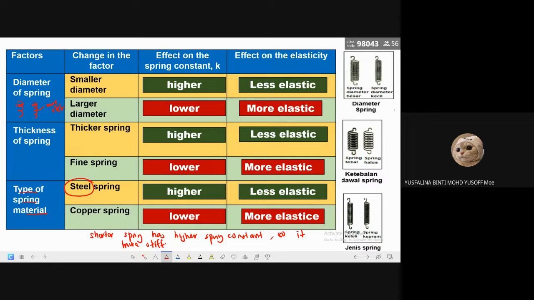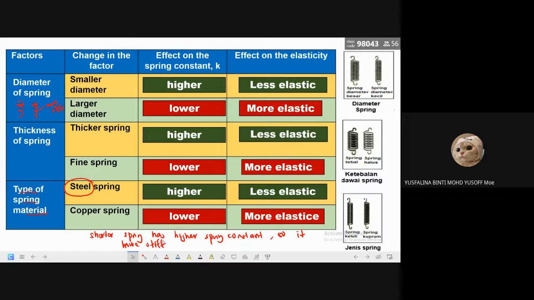If I want my spring to be stiffer, the first one, the length should be short. A smaller diameter of spring, and a higher diameter of spring wire, meaning the thickness of the wire should be higher.